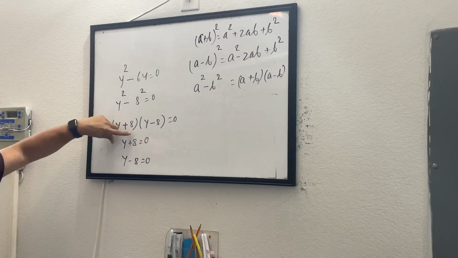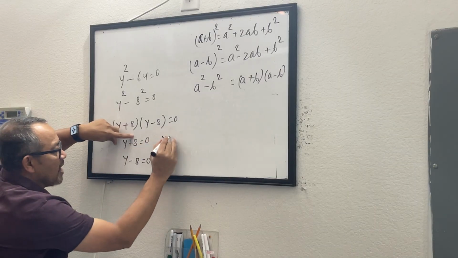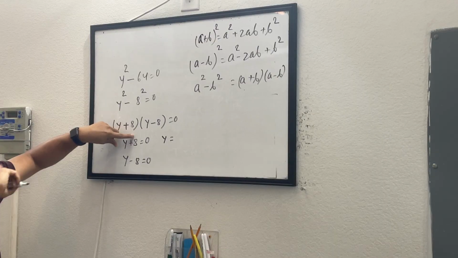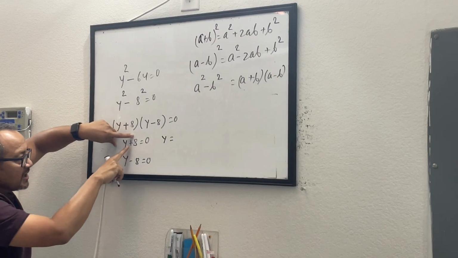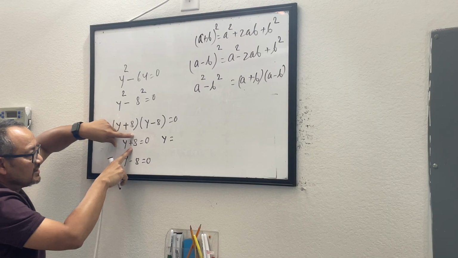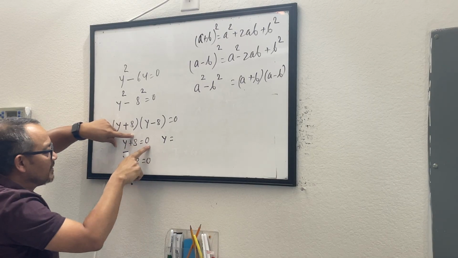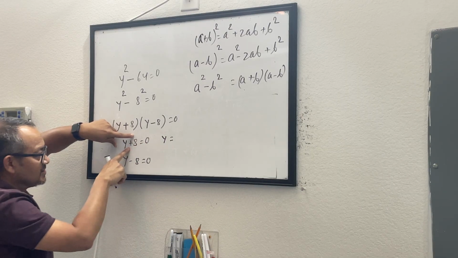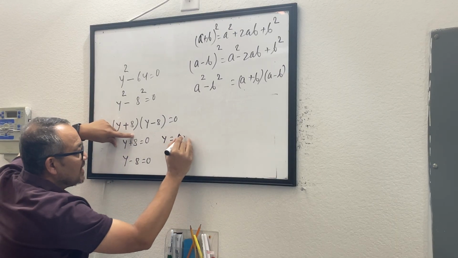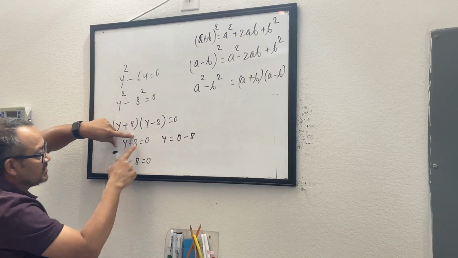When this is 0, what will happen? Y will be equal to. Now look at the travel rule that I was talking about. When you make a number go past the equal to sign, the sign changes. From plus to minus, minus to plus, multiplication to division, division to multiplication. Here we have a plus sign. When we made this guy move to that side, it became 0 minus 8.